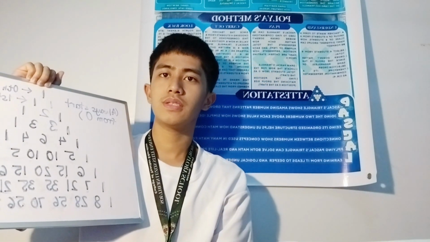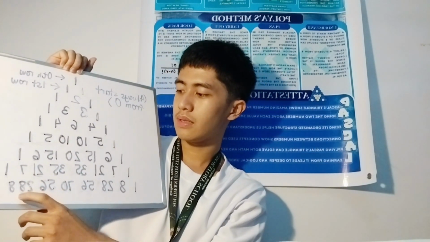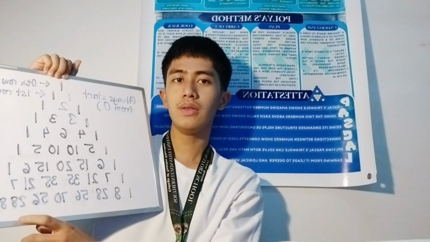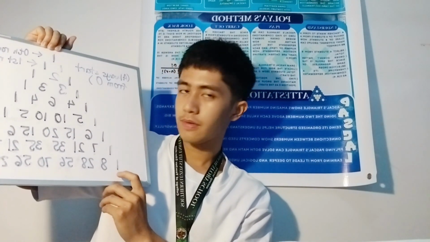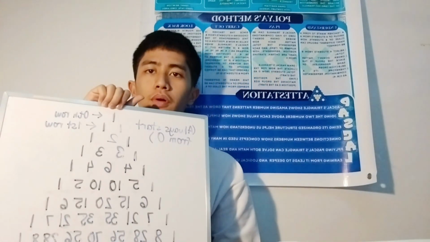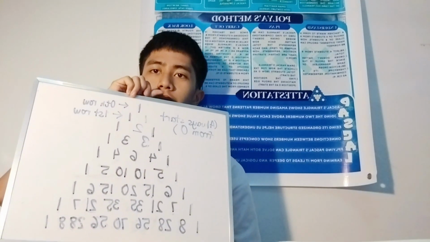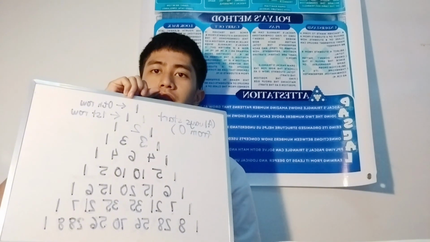When row 8 is written out, it appears as 1, 8, 28, 56, 70, 56, 28, 8, and 1. And we can locate the element at position 4 by counting starting from 0: 0, 1, 2, 3, 4. Therefore, the number of different groups of 4 students that can be formed is 70.